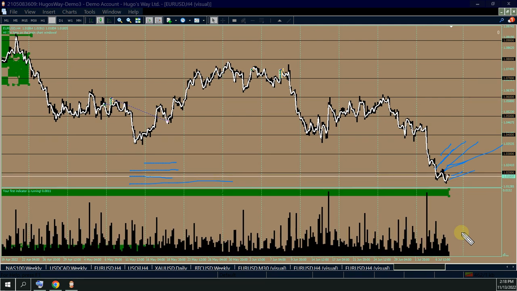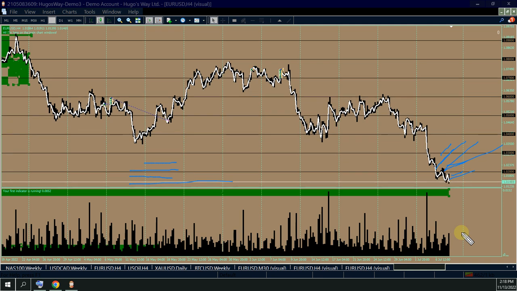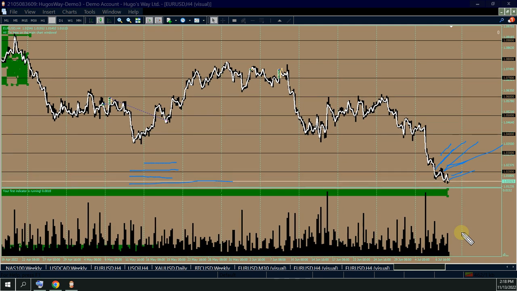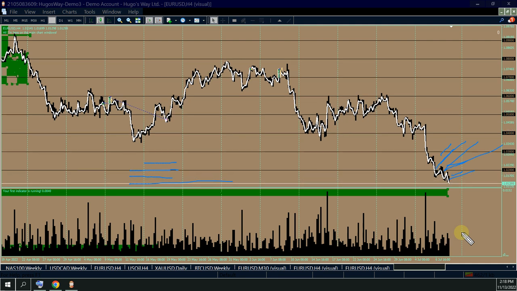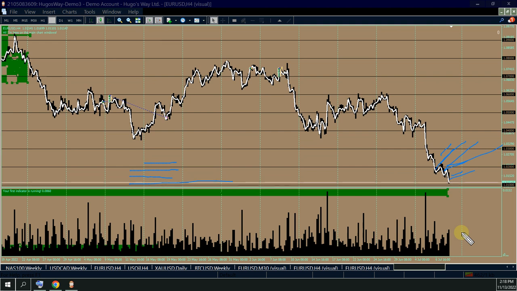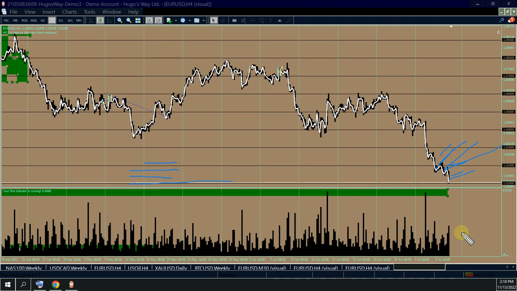And now I'm in about 700K, almost a $1 million position. Now I'm in eight standard lots. Now I'm in a $1 million position.